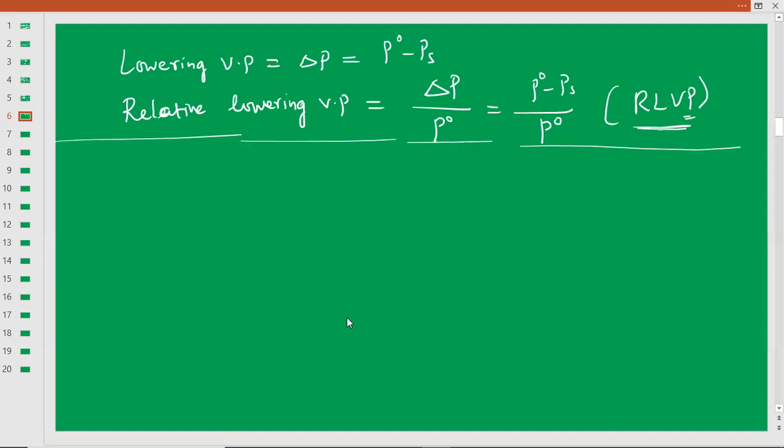That is, for a solution of a non-volatile solute, as we discussed already, the contribution to vapor pressure by the non-volatile solute is generally negligible. Because of this only, a vapor pressure change is observed.